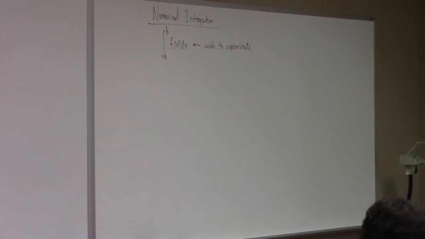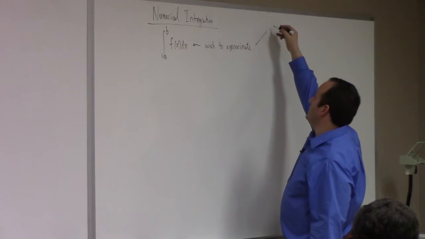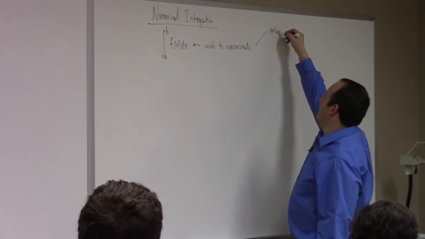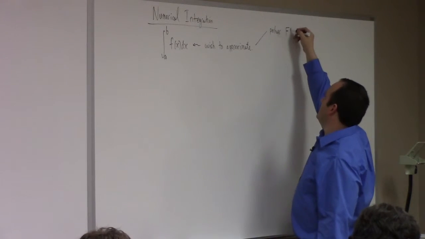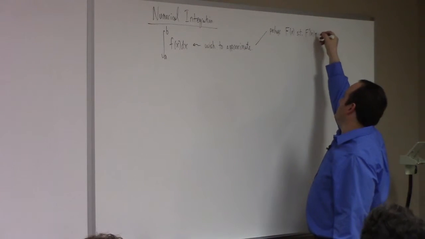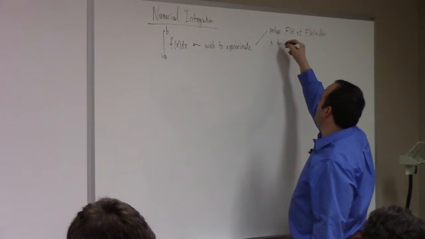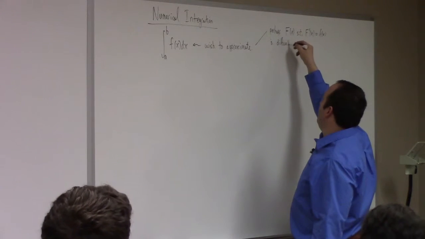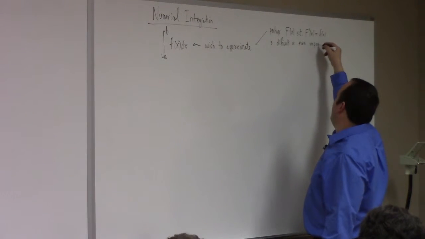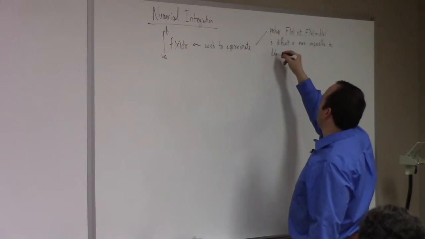The first and most obvious reason is that finding the function f of x such that f prime of x is equal to f of x is difficult or even impossible to determine in closed form.